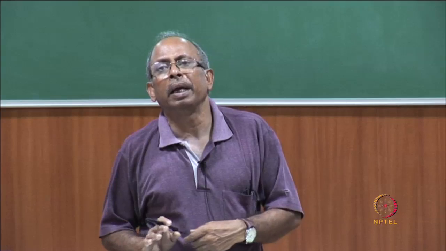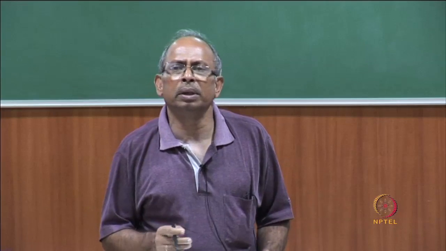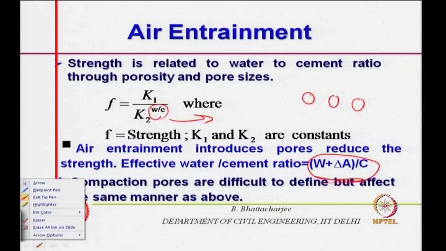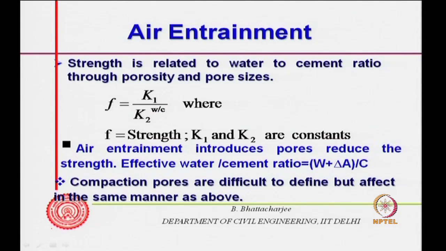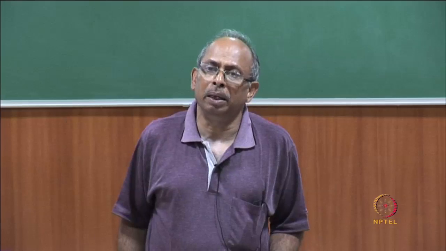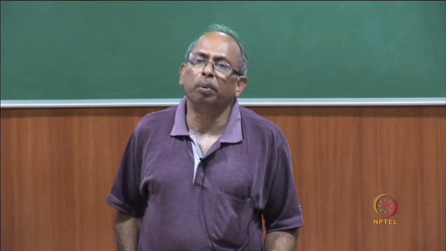An air entraining agent can reduce the strength by about 5%. Compaction pores are very difficult to define. They can come because of air voids remaining when you have not compacted it properly.